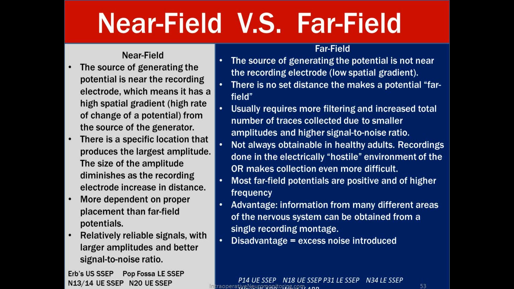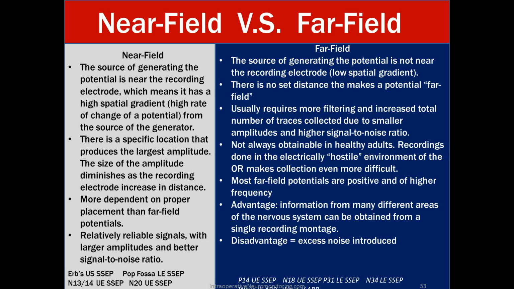So far field potentials are your P14 of the upper extremity, the N18 of the upper extremity, those are obligate peaks. The P31 of the lower extremity, the N34 of the lower extremity, also obligate peaks. I should let you know that this is a good question here: what is analogous to the P14 upper extremity SSEP from the lower extremity, and that is your P31.